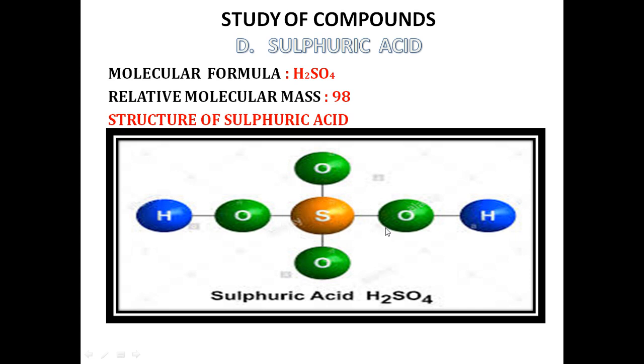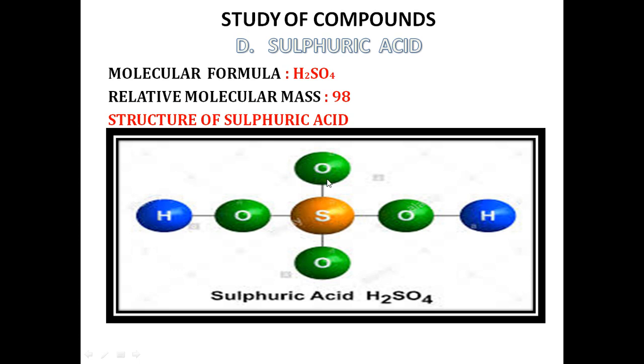Out of these 4 covalent bonds, 2 of the bonds are coordinate bonds, which are formed by sharing two lone pairs of electrons by sulfur. That means in this molecule, sulfur is donor and oxygen is acceptor or receiver.